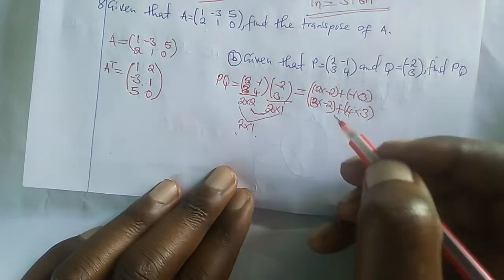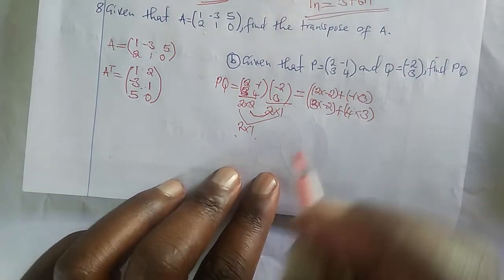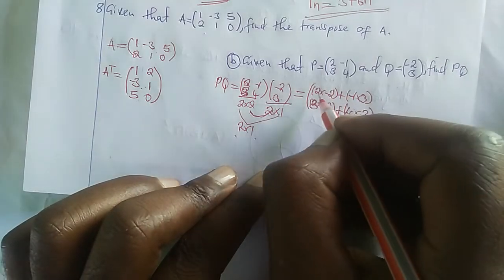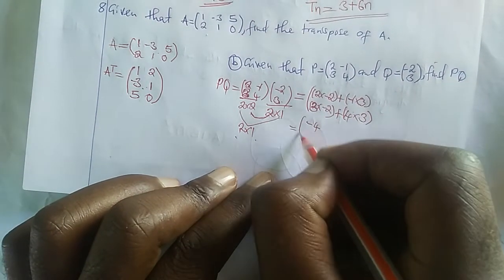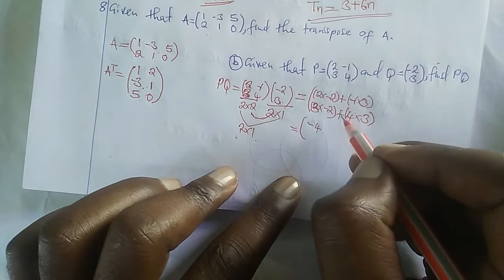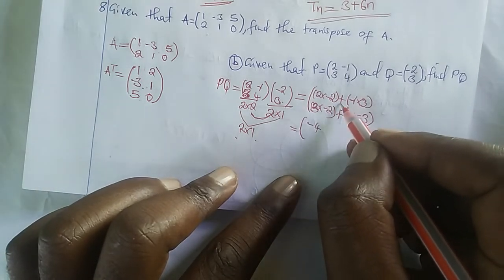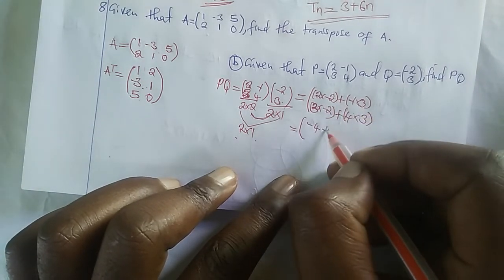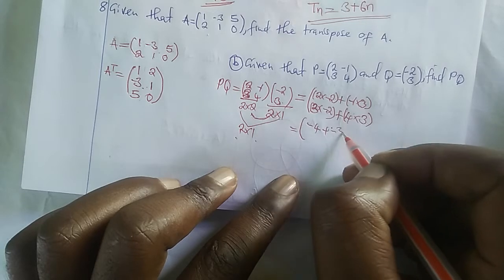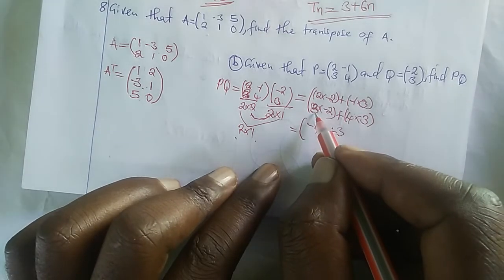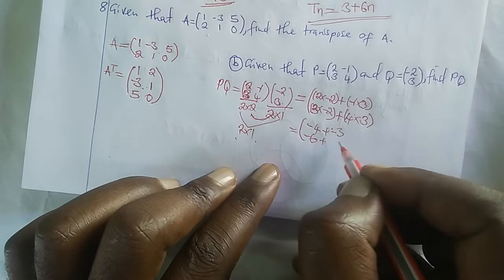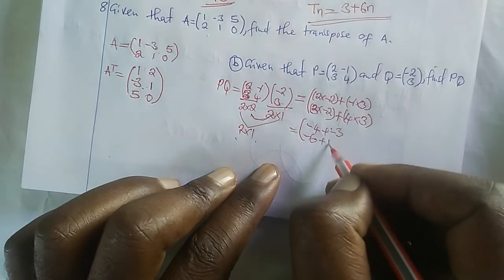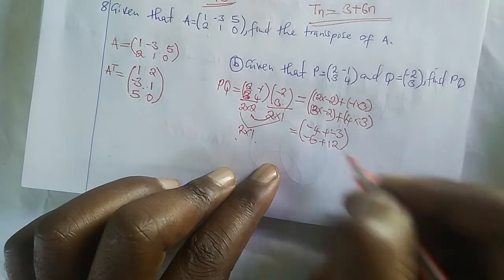Once I've done that, we can find the values. 2 by negative 2 gives us negative 4, plus negative 3. Then 3 by negative 2 gives us negative 6, plus 4 by 3 gives us 12. Close bracket like that.